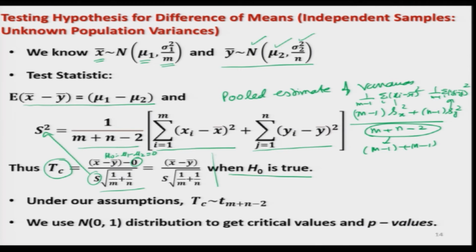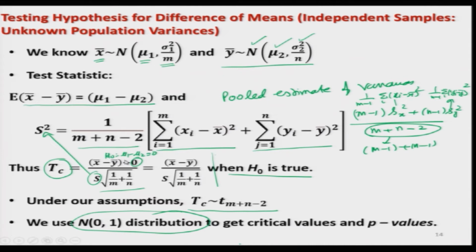Under this assumption, the distribution of this statistic is a t distribution with m plus n minus 2 degrees of freedom. In case you are using larger samples, which will usually be the case in data science, we obtain the critical values from the normal 0, 1 distribution, because usually the condition is that the sample size, or the degrees of freedom, should be greater than 30.